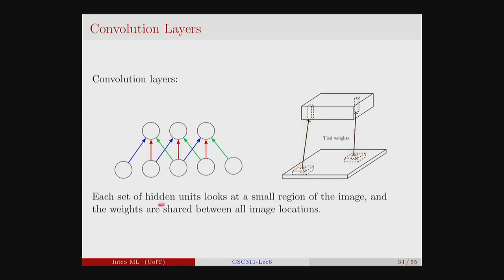So each set of hidden units is going to look at a small region of the image, and the weights are going to be shared across all of the image locations. So these are just two properties that I might want to have if I want to decompose this task of moving away from 120 million parameters to being able to learn localized features that are much more representative and are present across multiple regions in the image.